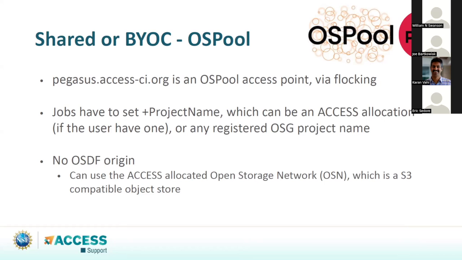The only thing that makes a job eligible for running on the OSPool is that you have to set this project name. You have to tell OSG how to charge or account for this job. It could either be an access allocation ID, or an OSG project name that you have registered with OSG already.